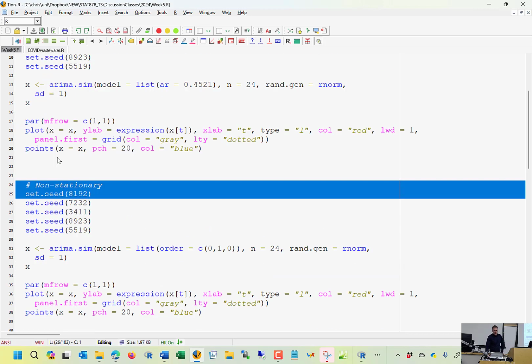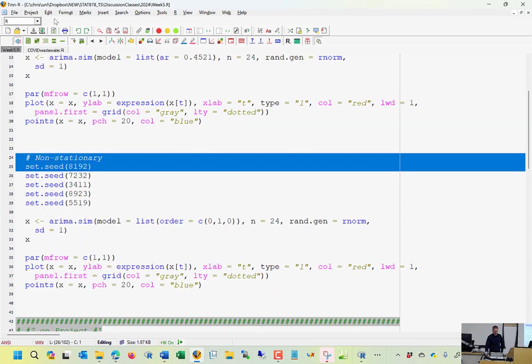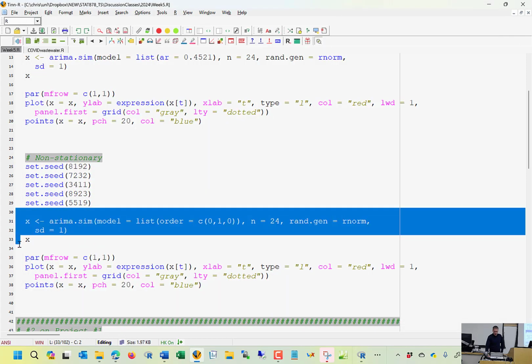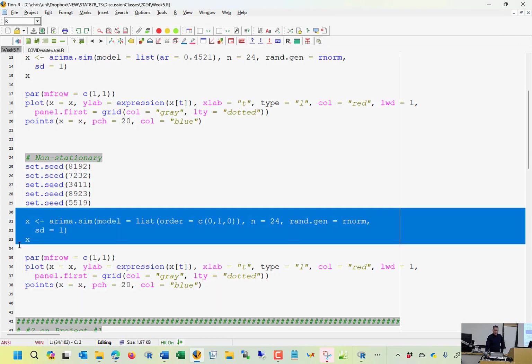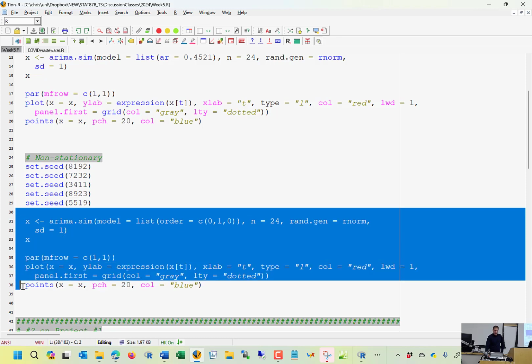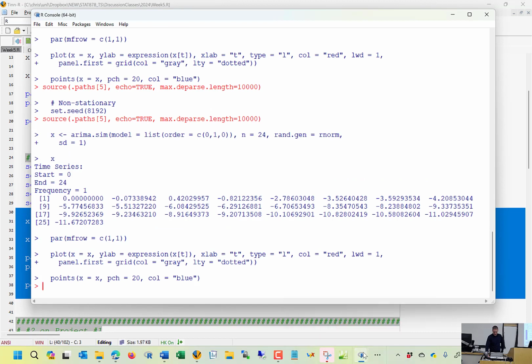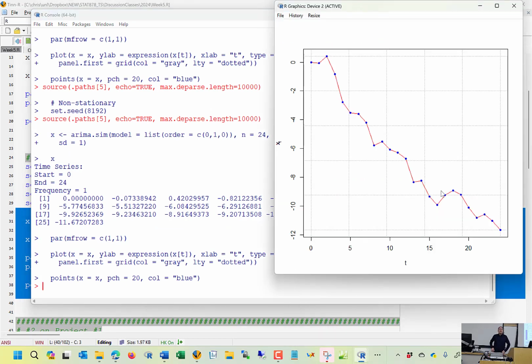And these are exactly the same seeds as what I have up here. So we're going to do that seed. And don't worry about this code about how it's being simulated. Again, in subsection 7, that will make sense. Let's take a look at the data. Well, this kind of corresponds to what I also talked about. This is obvious. We have this downward trend like that. The mean is changing as a function of time, I would think.